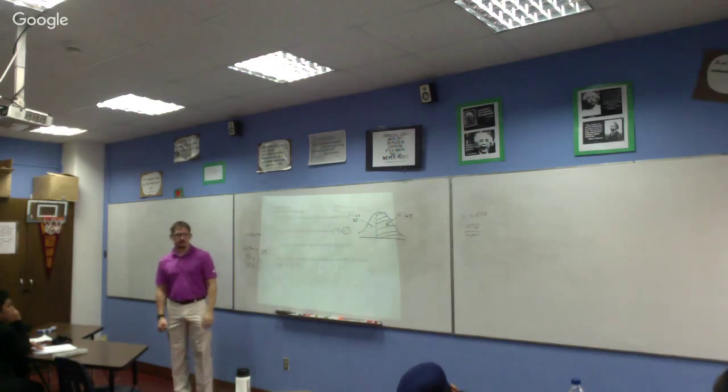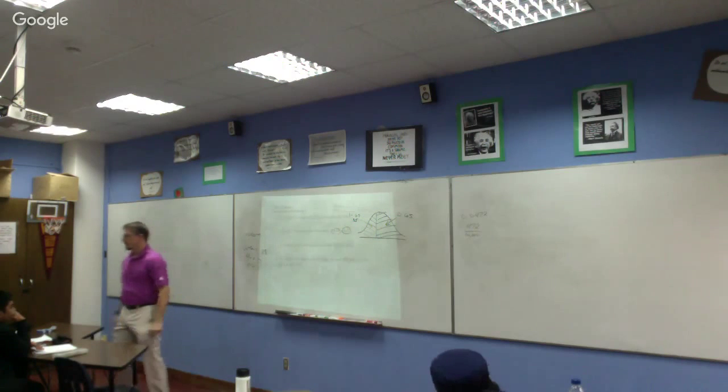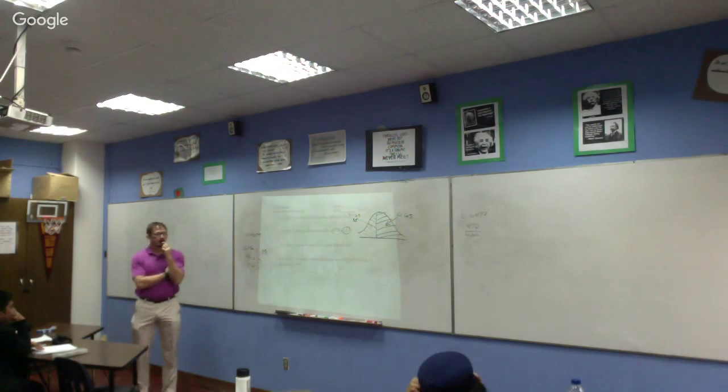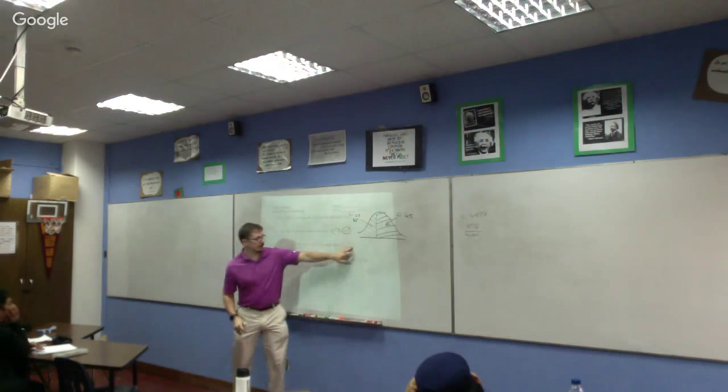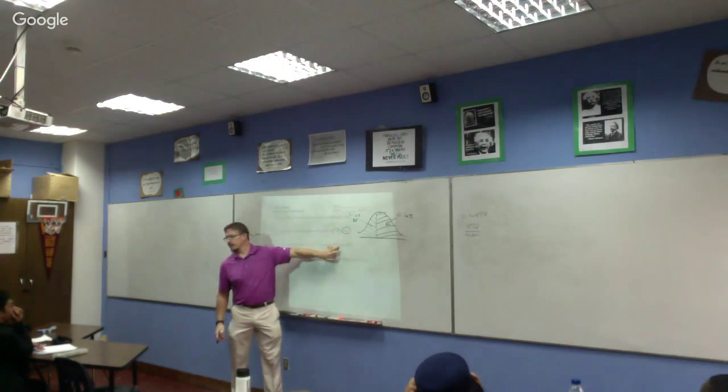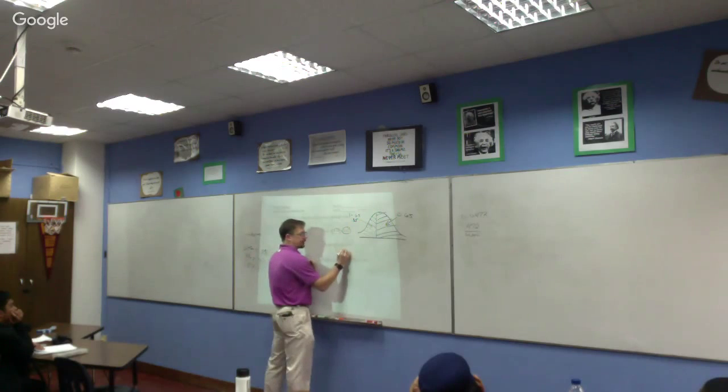Everything else stays the same. For number 3, the area that I want is 0.63, because again, we're looking at greater than. Anytime we're looking at greater than, I need to subtract it from 1.